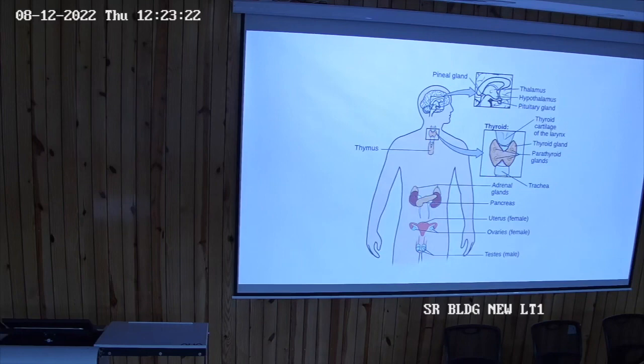As I have told you previously, the gonads secrete the hormone testosterone, and in the case of females, progesterone in the early stages, which is required for the development of the uterine glands, and also another hormone, estrogen, which is responsible for secondary sexual characters.